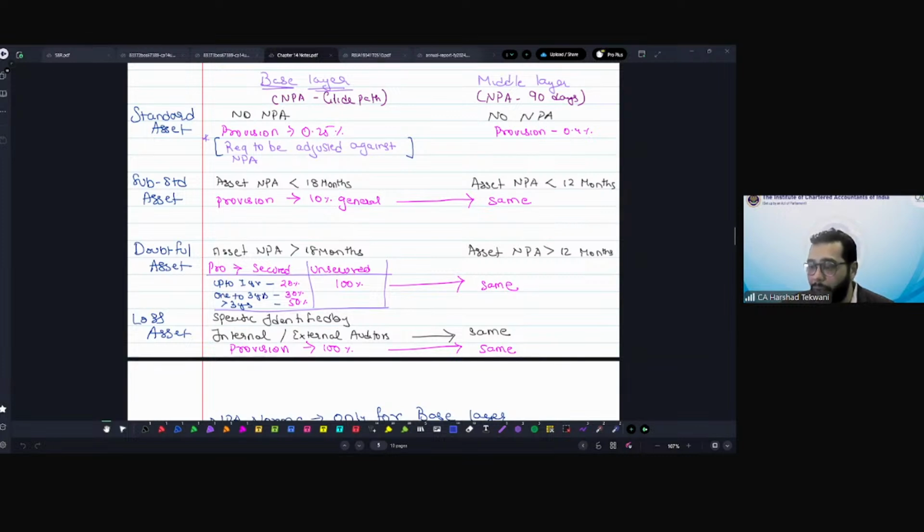Number one, reporting on fraud. There is a fraud reporting requirement with respect to the NBFC. Now there is a particular classification of frauds by NBFC.